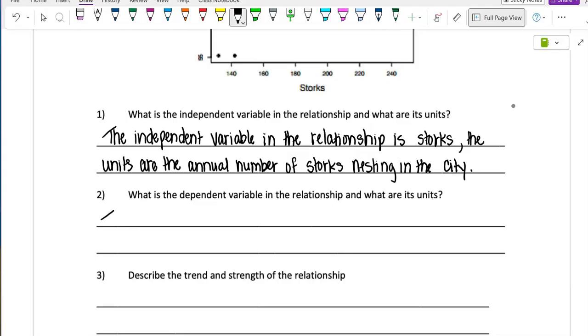So the dependent variable in the relationship is babies. And the units here are the annual number of human babies born in the city.